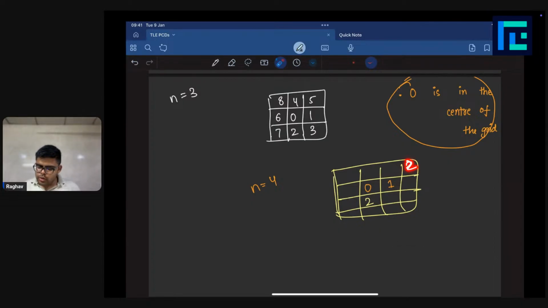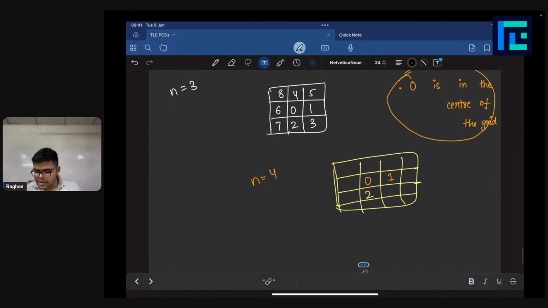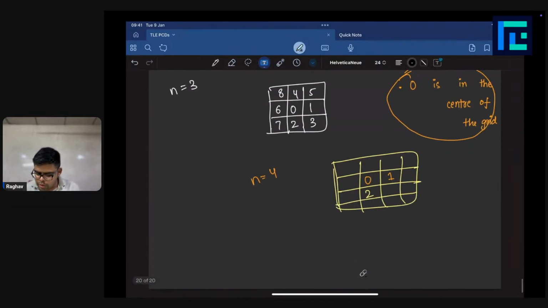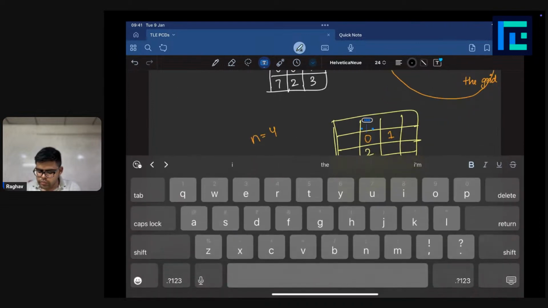Let's say if you had placed 2 here, then you would have only these subgrids with all these three people. Whereas now you are having this one subgrid, this subgrid, this subgrid, and so on, right? In case if you had placed 2 here, then again you would have less number of subgrids in comparison to the number of subgrids you are having right now.